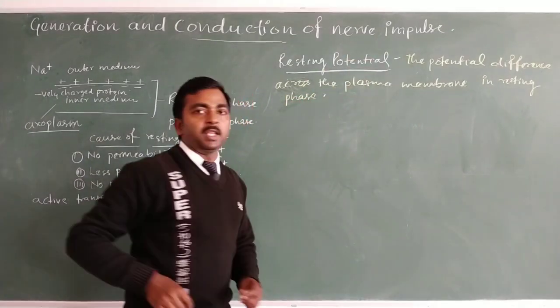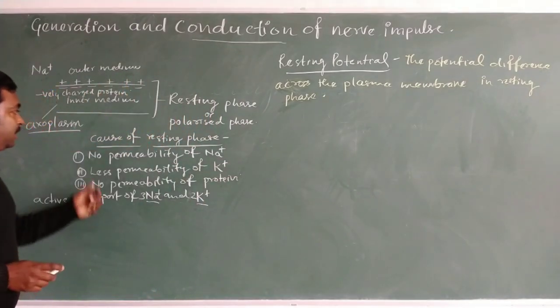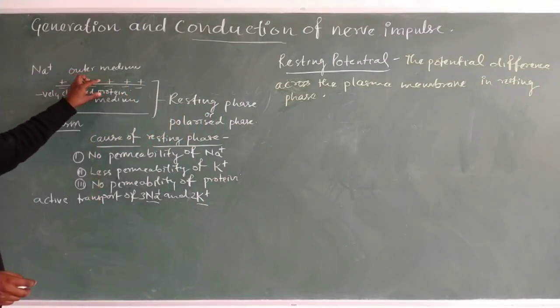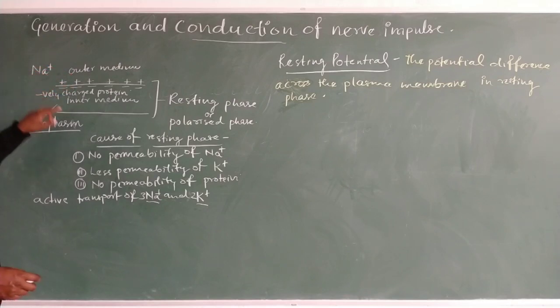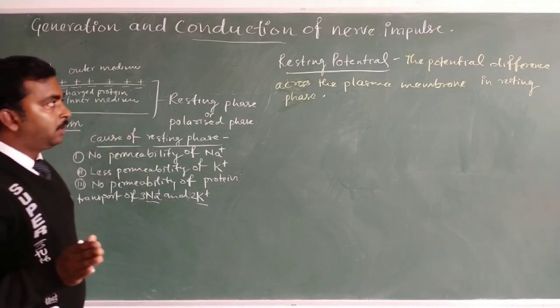It exists due to the constant ionic gradient which is caused by sodium ion and negatively charged protein ion.